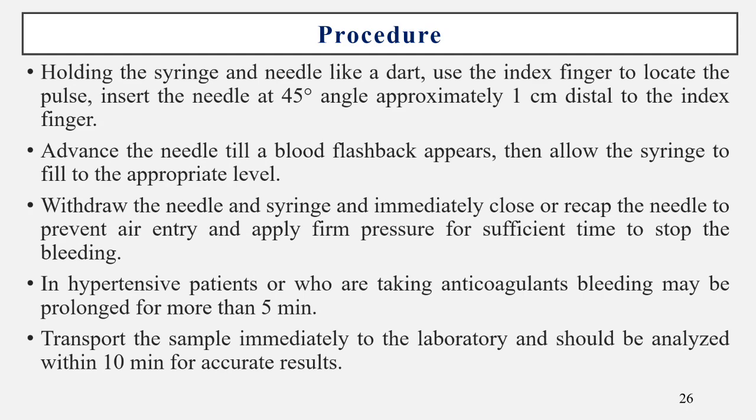Advance the needle till a blood flashback appears, then allow the syringe to fill to the appropriate level, and withdraw the needle and syringe. Immediately close or recap the needle to prevent air entry, and apply firm pressure for sufficient time to stop the bleeding.